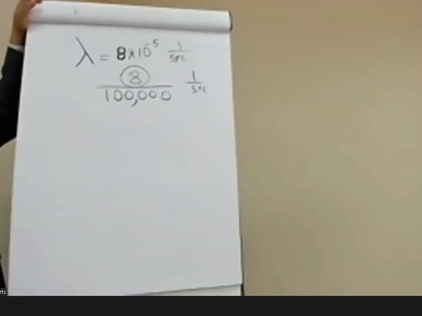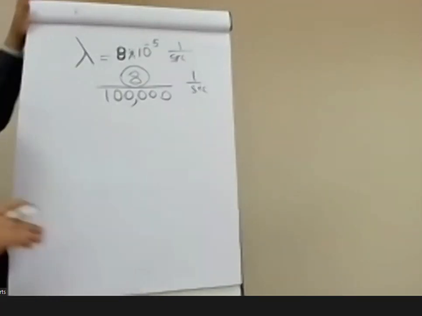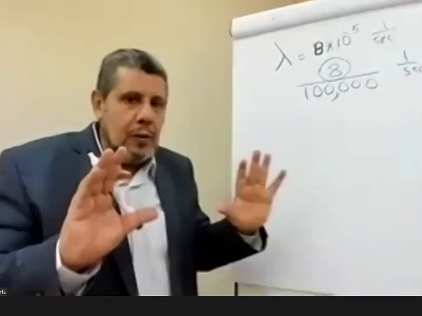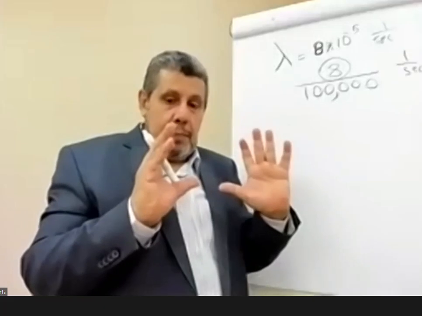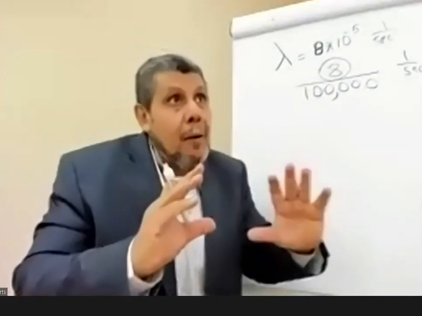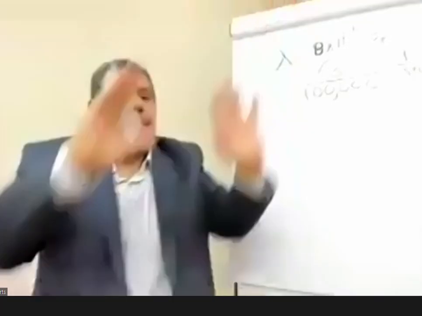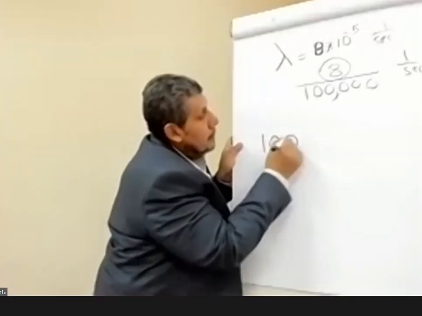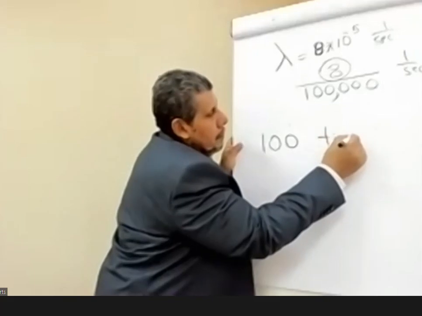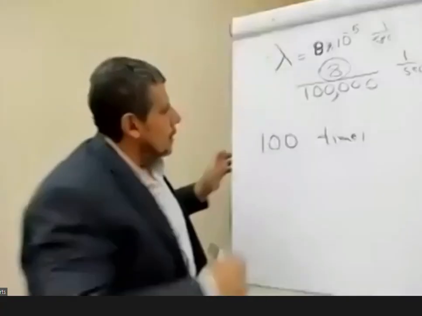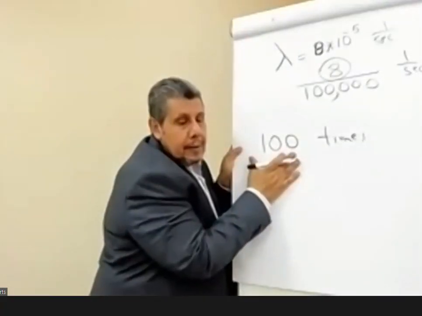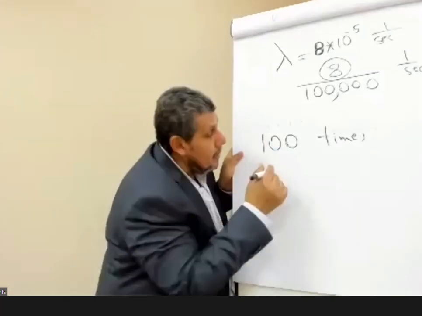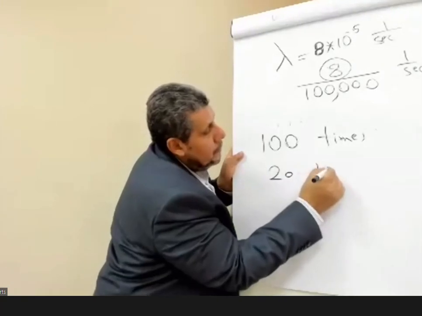Now assume I have a basketball in my hand, and I try to pass it. I tried 100 times. This is the number of trials. I succeeded only 20 times.